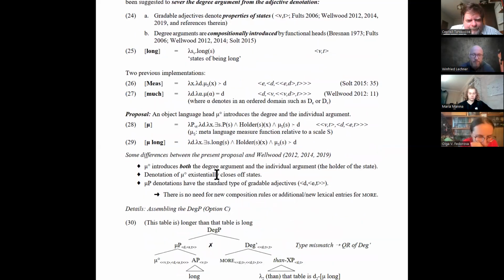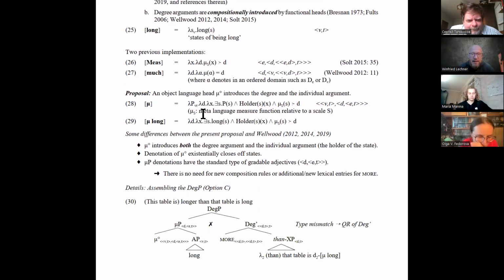So the idea is here that we feed long here, and then we get a relation. We specify that whatever is the subject of long will be the holder of a state, and that state, if input into a measure function, yields a particular degree, and that degree needs to satisfy certain requirements.